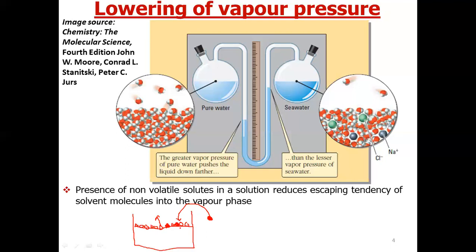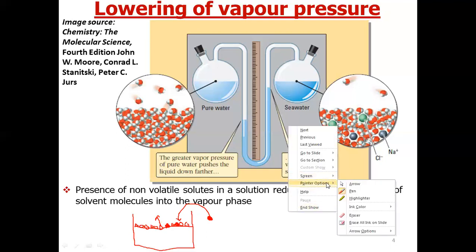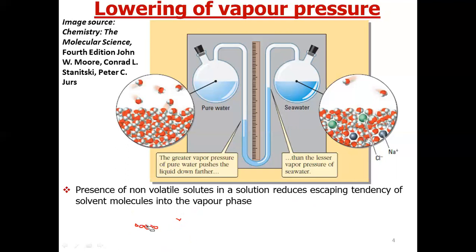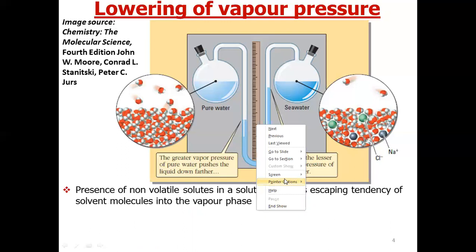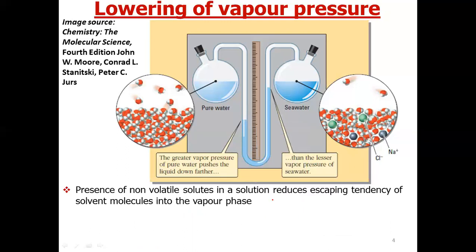Now the number of solvent molecules on the surface has decreased, so definitely a lesser number of molecules will escape and vapor pressure will be lowered. So the point to remember is whenever we add a non-volatile solute to a solvent, it reduces the vapor pressure of the pure solvent.